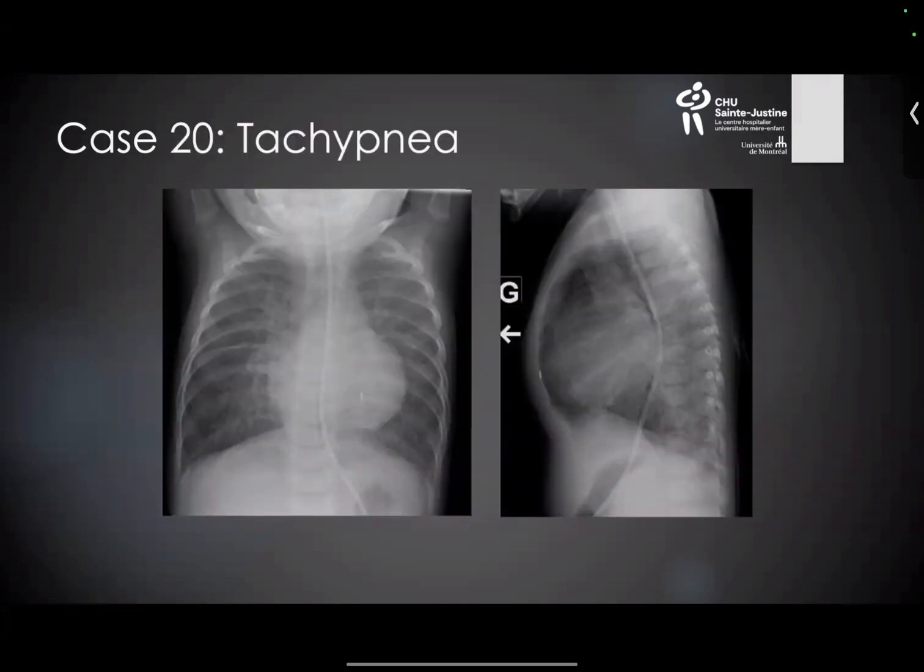So you have a kid. She was at that time probably a year old. She already had been operated, so you can see here that she has a wire that was left there. So what do you see? You see a huge hyperinflation. You see that the heart is small, and you see that you probably have some edema, maybe a thickened small fissure, no pulmonary effusion.